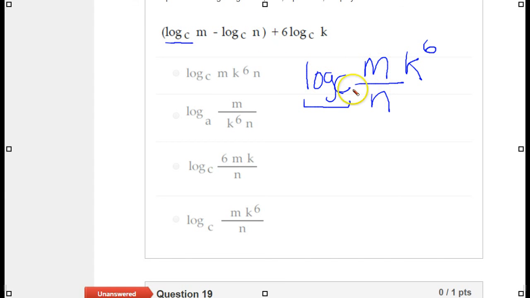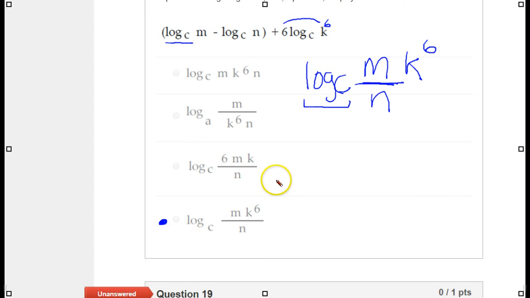The minus indicates division here. And in this case, this is also multiplication now of K, and we take this up to where it belongs, the 6th power there, and that's our answer. And there it is right here.